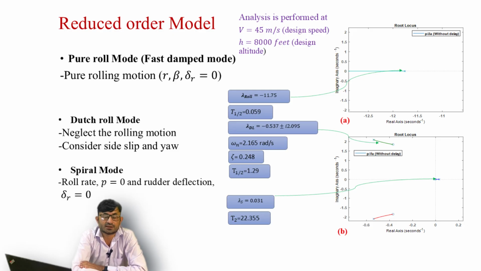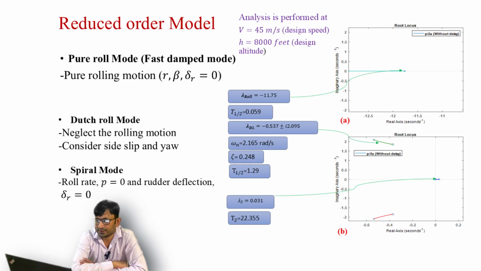So it is also lightly damped, not like the roll mode. It has a higher frequency and damping ratio than the spiral mode, but it is considered a lightly damped mode. So we should avoid hitting this kind of mode in flight. And if this mode is hit somehow, then we have to immediately counter it using the control inputs.